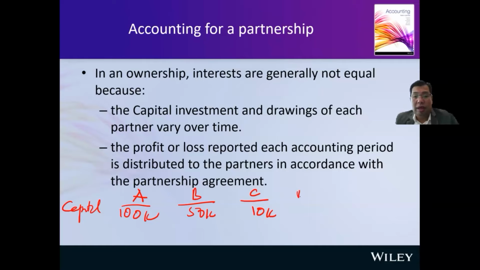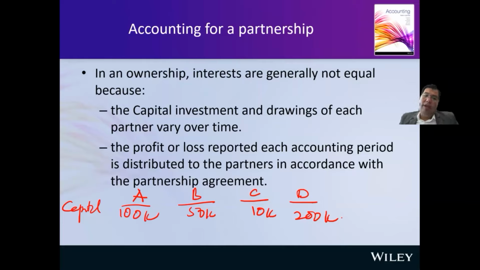Maybe partner D contributes 200,000 capital. So the capital varies. How are you going to give a reward to your partners? It must vary as well. If you give a reward, for example, 10% on the capital, it should be 10% on the outstanding capital or opening capital for the business.